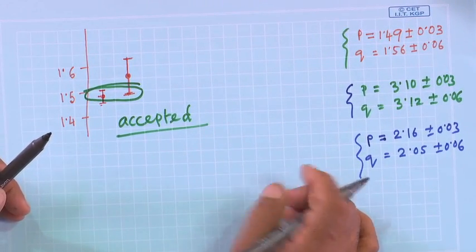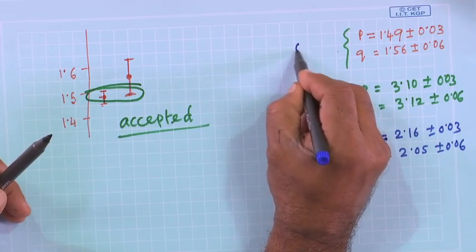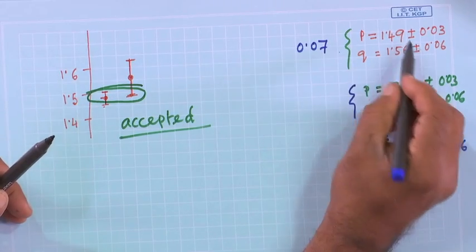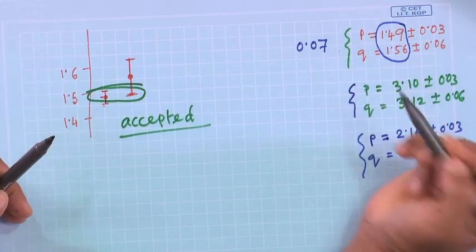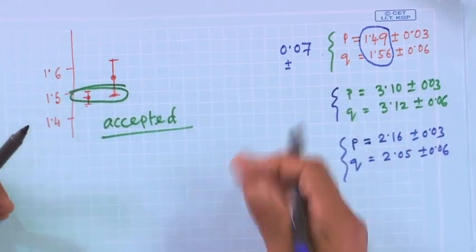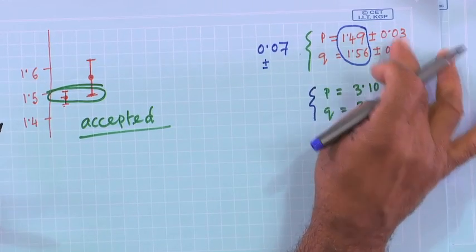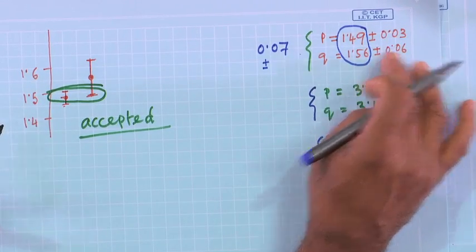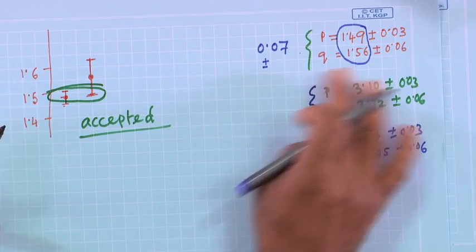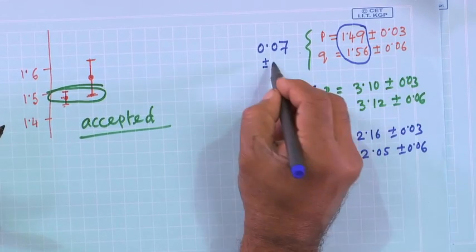Here the difference is 0.07 between these two, and what will be the plus minus? Later on I will show you that the errors of the individual ones are additive, so we have to add them. This error we take 0.